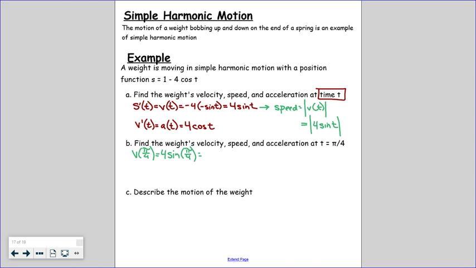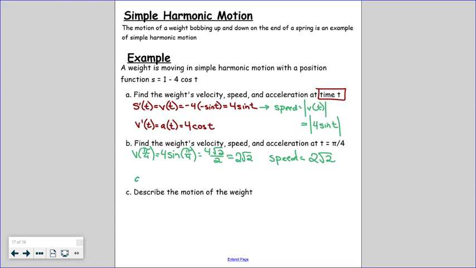Sine of pi over 4 is square root of 2 over 2, so 4 times that would simplify down into 2 square root of 2. Your speed is the absolute value of that, but that's already a positive number, so it's not going to change.